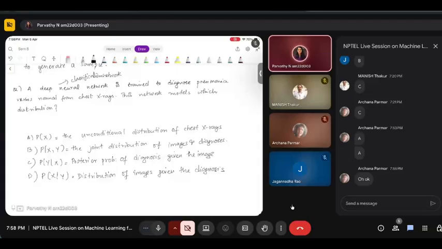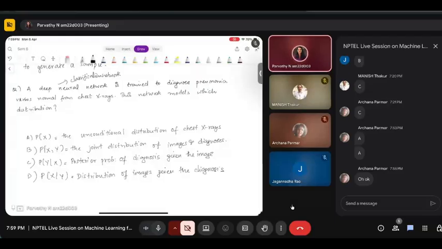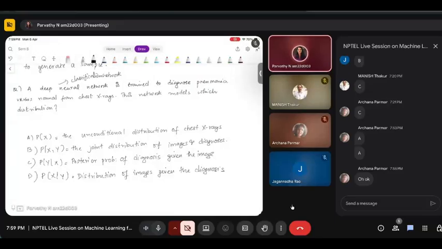So this is a discriminative model. In a discriminative model, P of Y given X is modeled. That is the posterior probability of the diagnosis given the image.